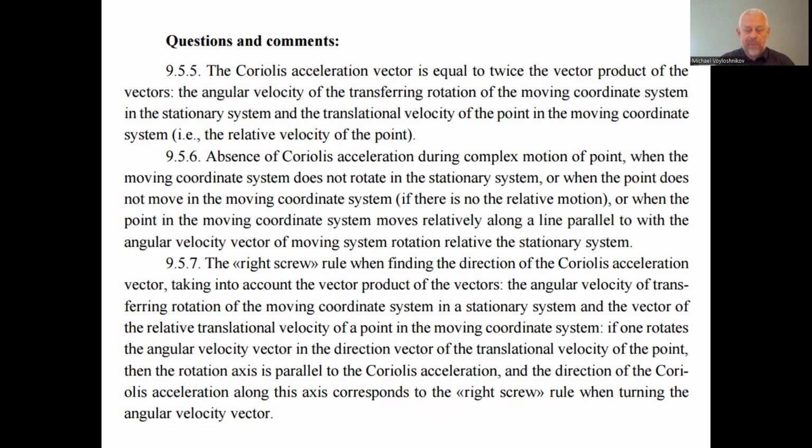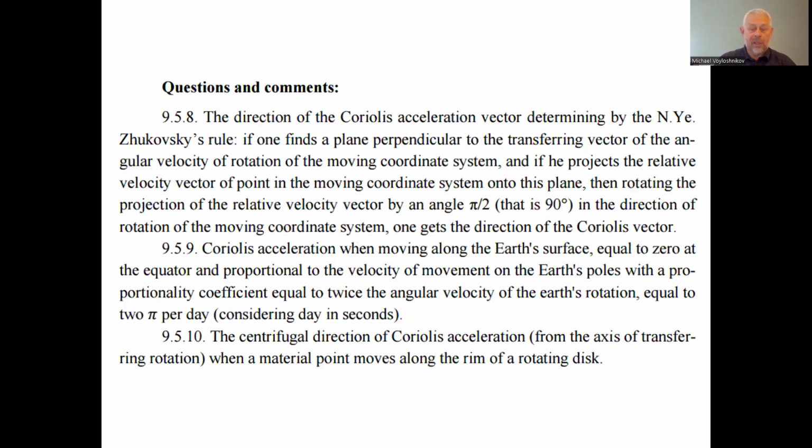On this perpendicular we can find the direction; another convenient rule is the right screw rule, when we rotate the transfer angular velocity vector toward the vector of the relative translational velocity in the moving coordinate system. Then the direction of motion of the right screw coincides with the direction of the Coriolis acceleration.